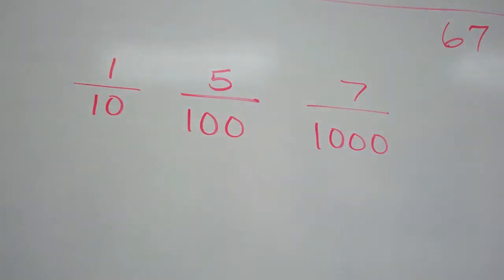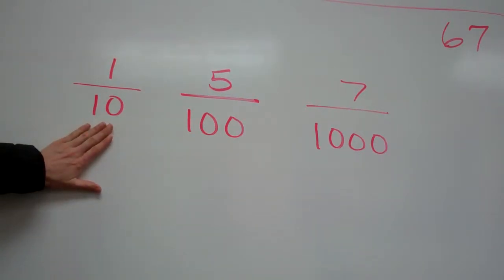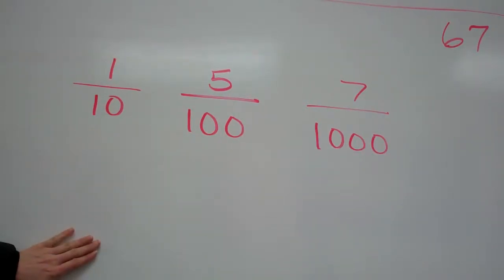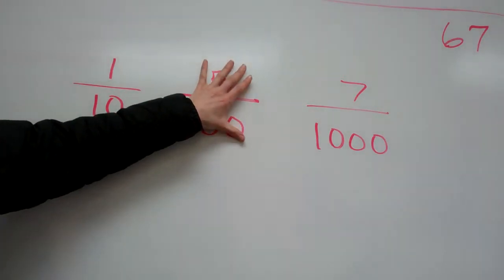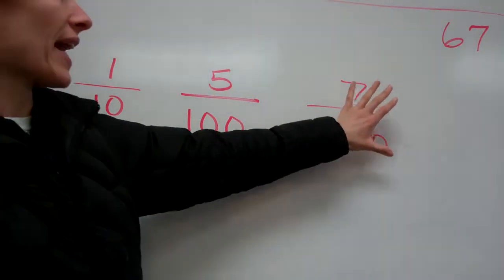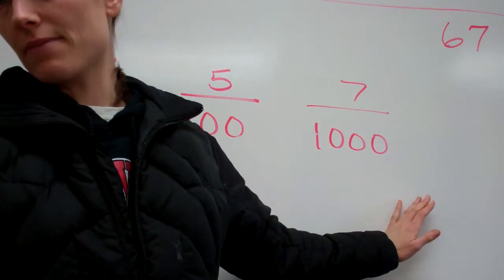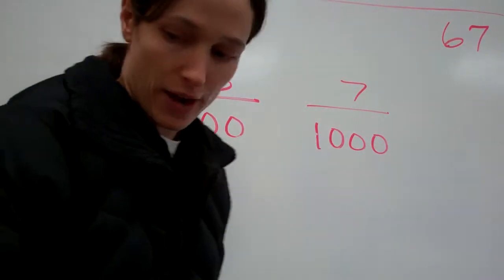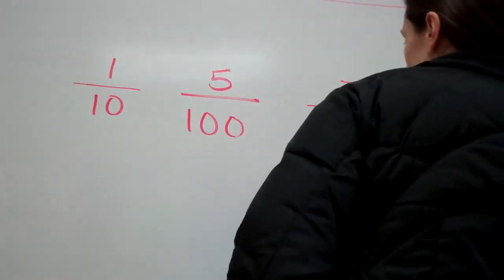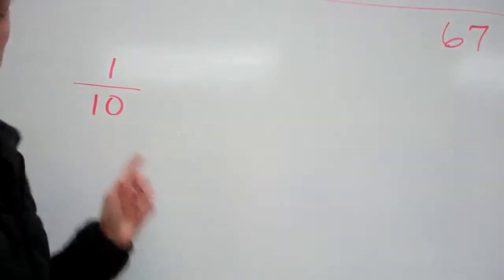I can easily look at this fraction and come up with a decimal number, very, very easily. Let me show you how. Let's just leave this one up for now.